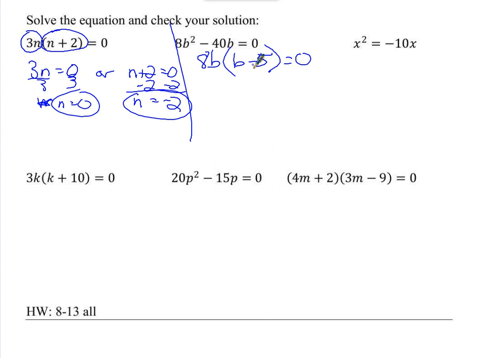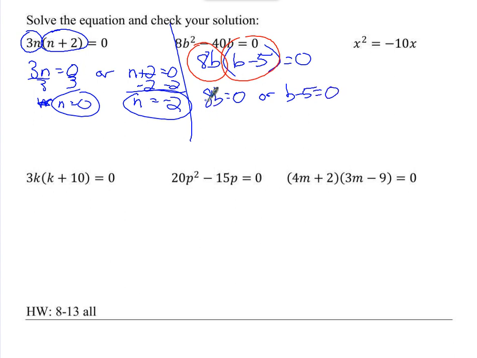Now I can use the zero product property. I have a 0 sitting here, and I have two things being multiplied together now. This thing right here, and this thing right here. So, use the zero product property. What do we write? 8b equals 0, or b minus 5 equals 0.